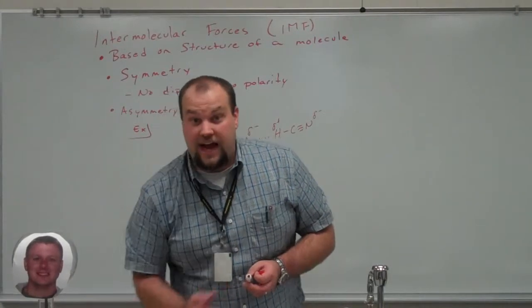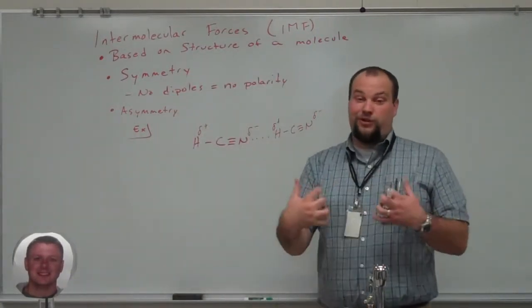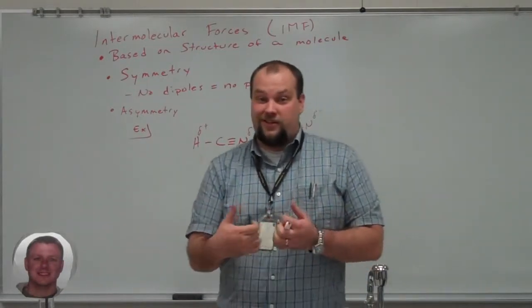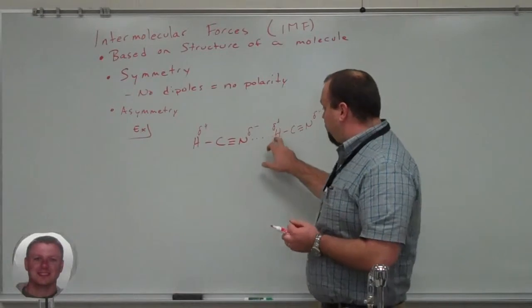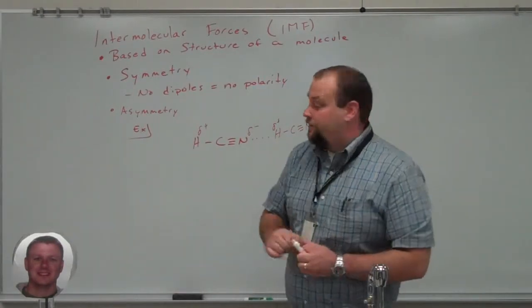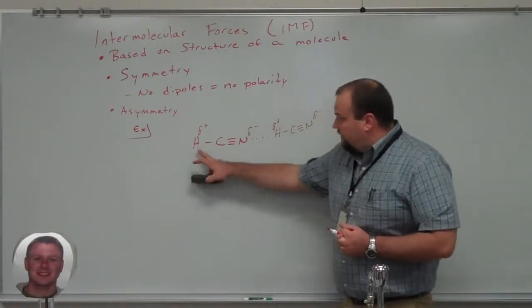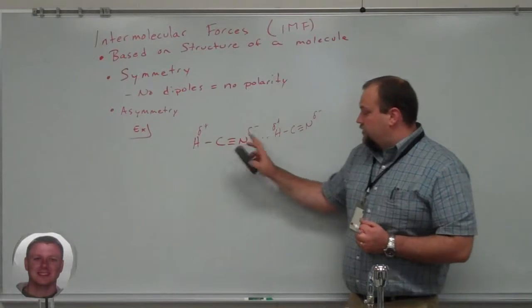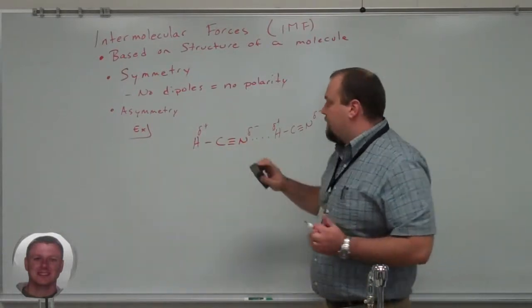He loves hydrogen bonding because this type of bond is responsible for holding a lot of biological things together. Like the two sides of a DNA molecule, the double helix, is held together with hydrogen bonding. Water molecules are held together with hydrogen bonding. It's one of the most popular types of polarity. So because I have a difference in charges, I can have an intermolecular force when it's asymmetrical.